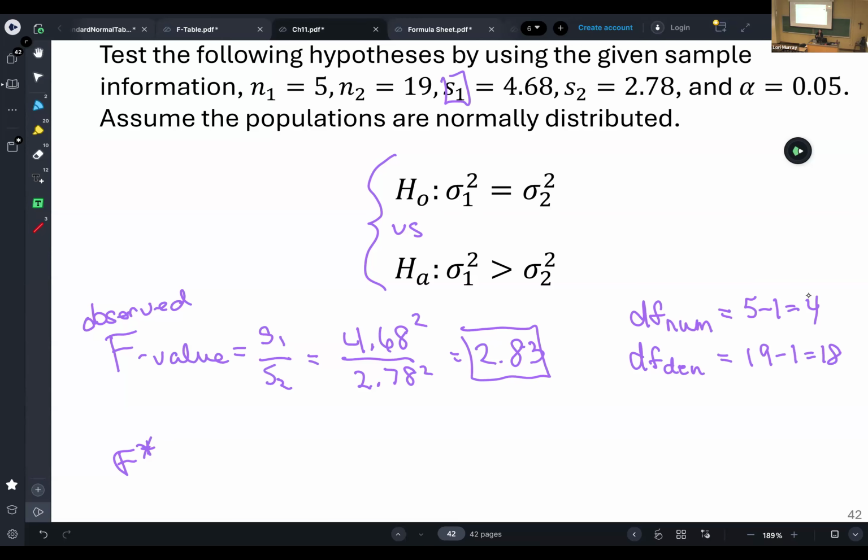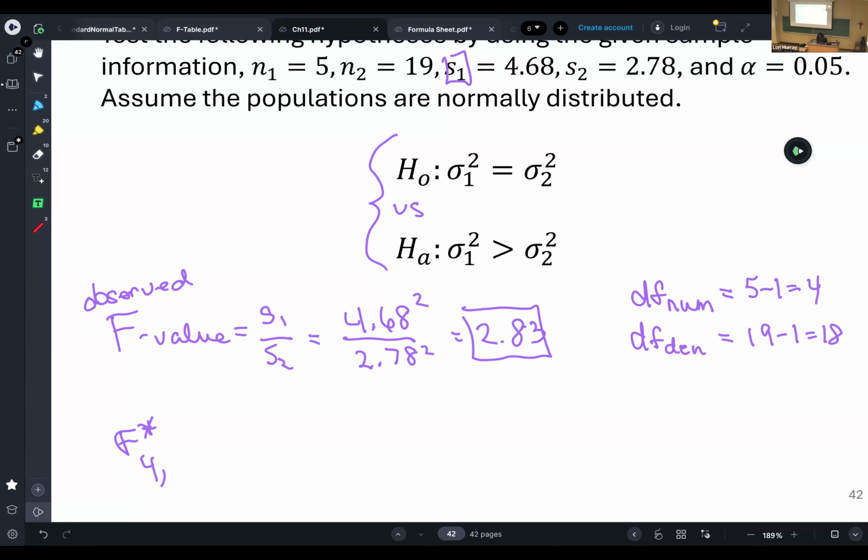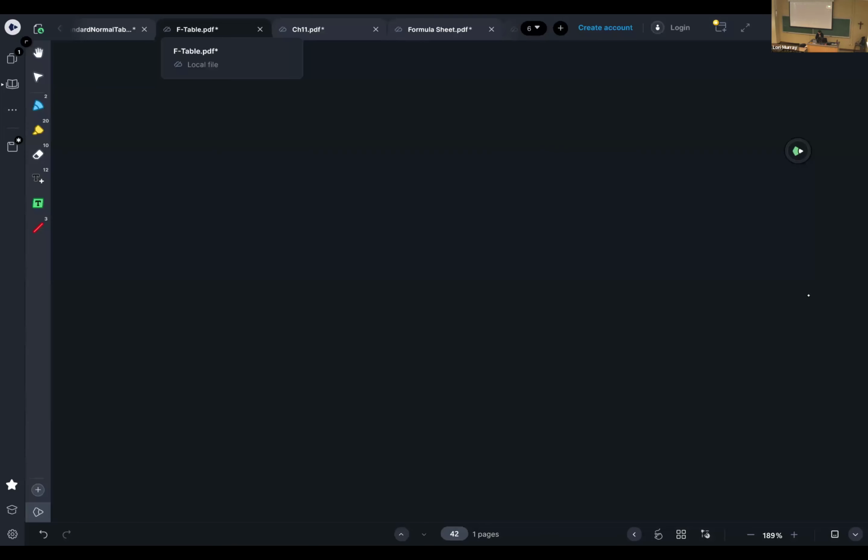Yes. So let's get the critical value, F star. When you think about any star, like T star, Z star, F star, always think of the table value. So we're going to get that F on 4 and 18, in that order. 4 is the numerator, 18 is the denominator, and we just go and get that.